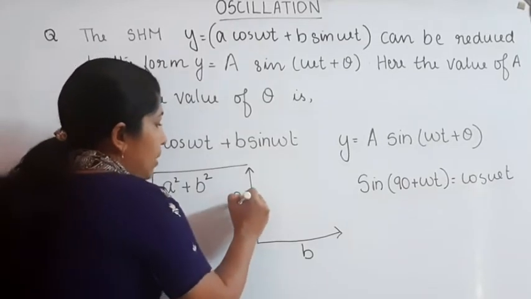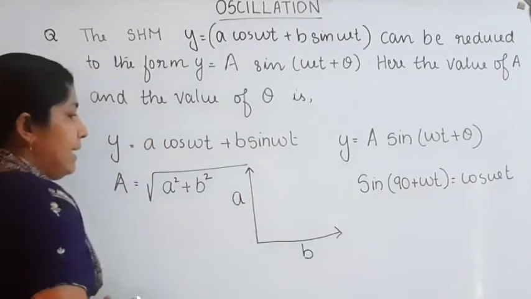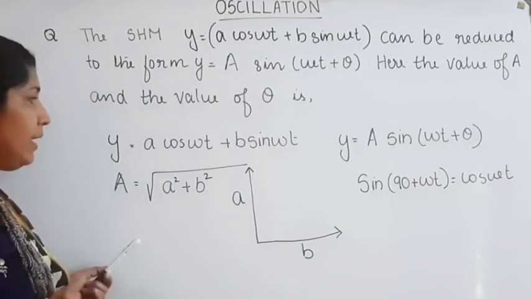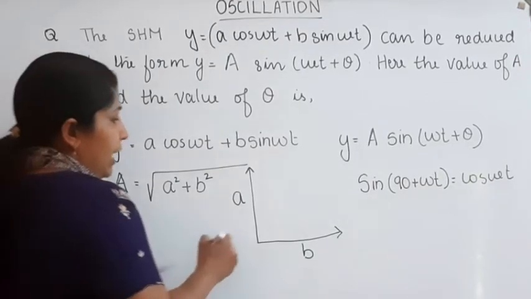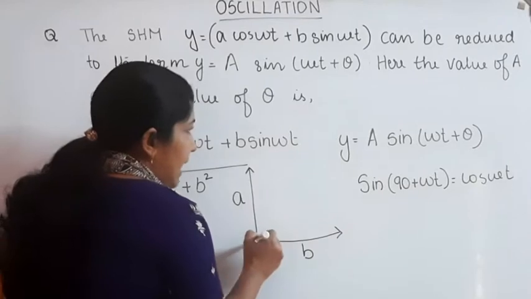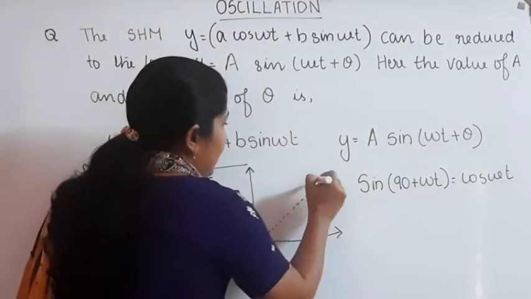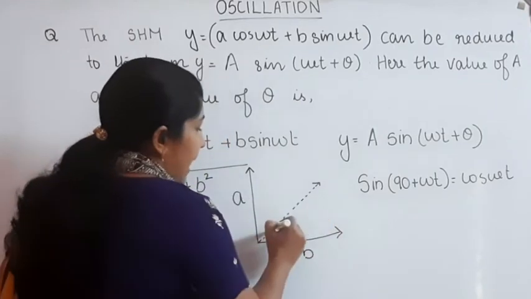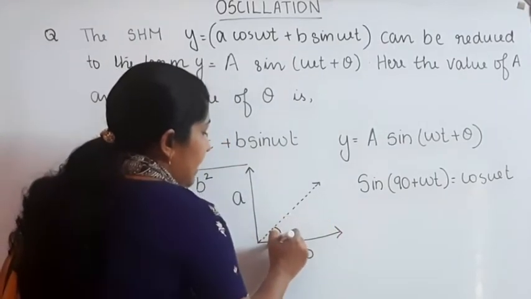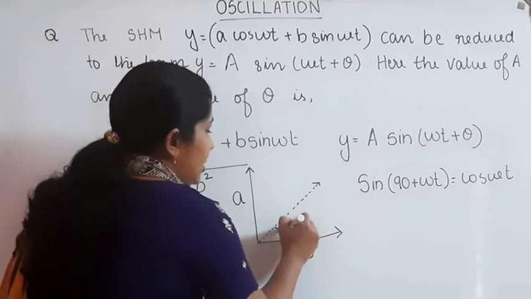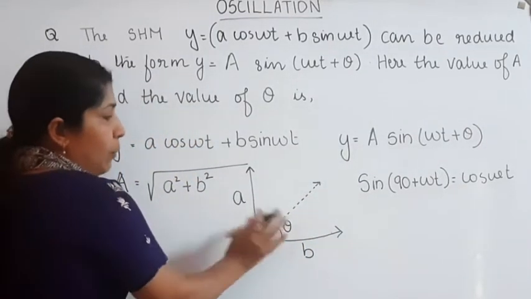Then the amplitude A is taken here. If theta is the initial phase angle, it is represented here. Then what about tan theta?